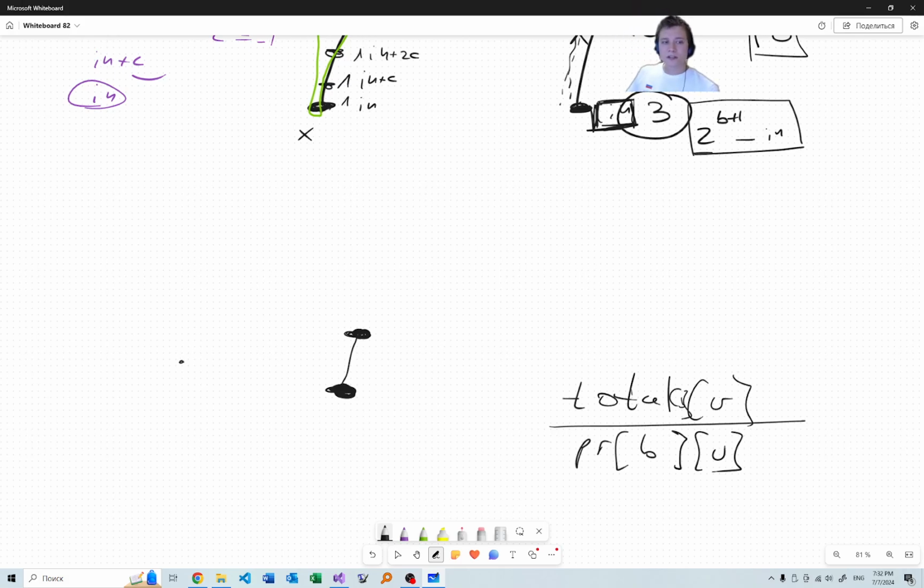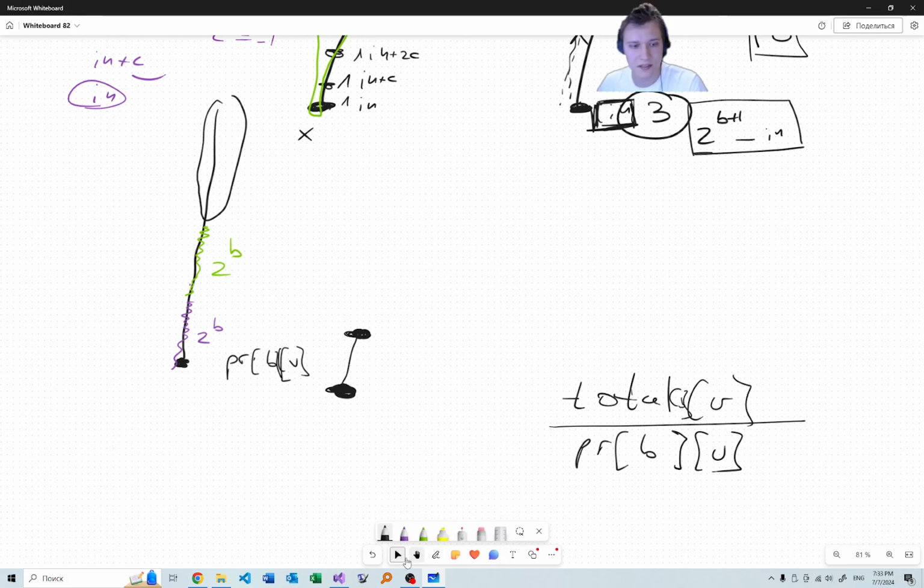So now we want to calculate the function prepared. So prepared B. So how is it calculated? It ignores the first 2 to the power B vertices, and then it does not ignore the next 2 to the power B vertices. And after that, it takes everything here as if it was prepared.